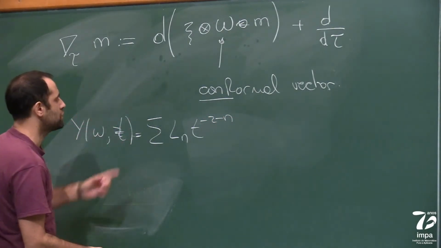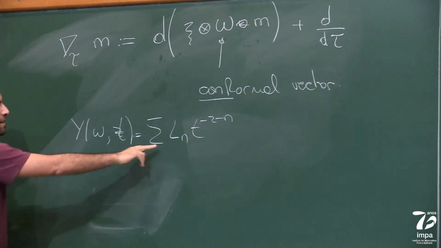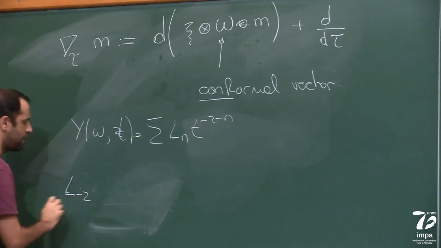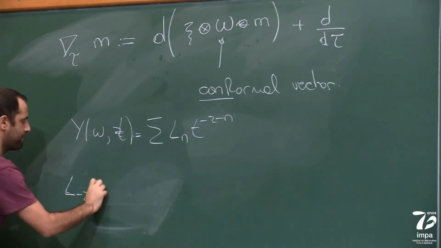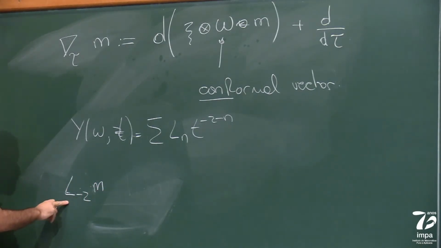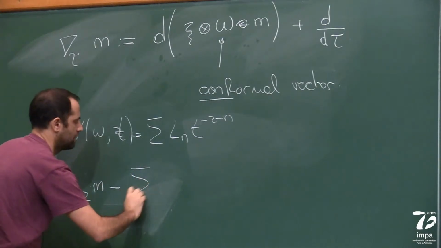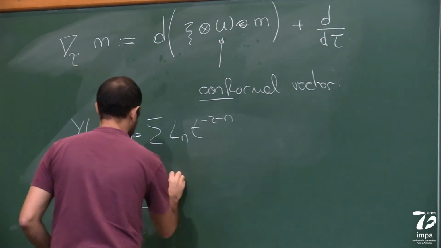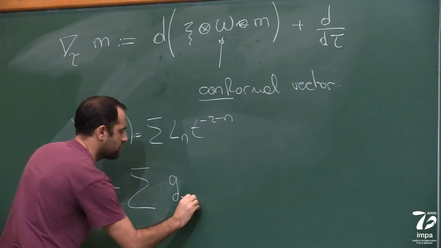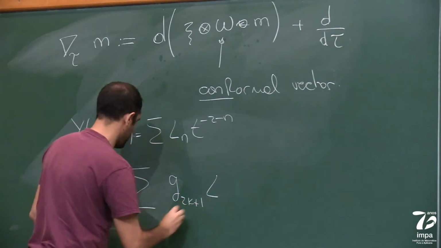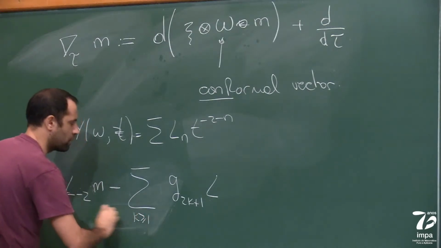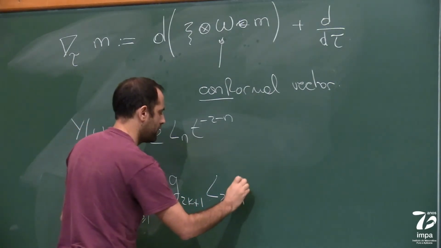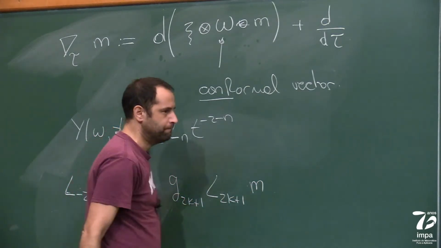So this residue is explicit, it is the minus 2 product, which is L minus 2 of M. So that's the first residue, plus the tail of that thing, which is some G 2k plus 1, where k here is bigger or equal than 1. And here I'm going to have L 2k plus 1 applied to M.